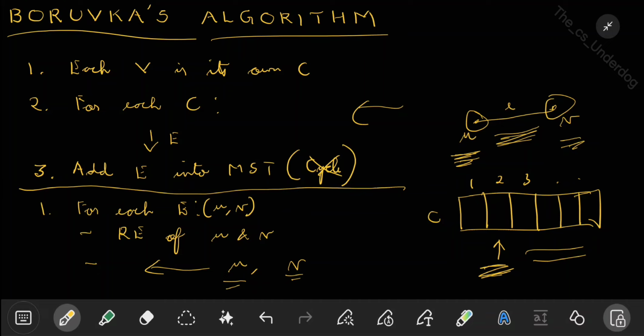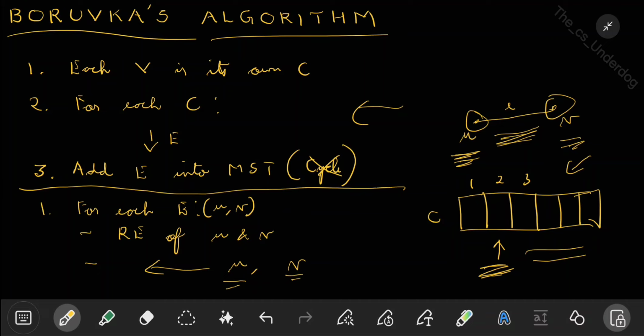So you can ask me one thing here. After the first phase, each vertex is not a separate component. There may be some vertices which are together in one component, and there may be some vertices which are not together. Then what is the sense of having an entry for each of the vertices? The point is, what this table is telling you is not that for each vertex this is the situation.